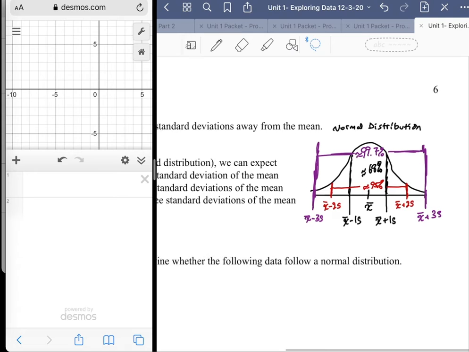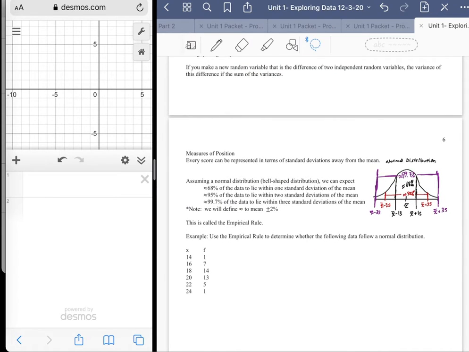But what we have here, everything looks better from far away, is a raw data set. From that raw data set, we can compute the mean and the standard deviation, which means that we could come up with those intervals.